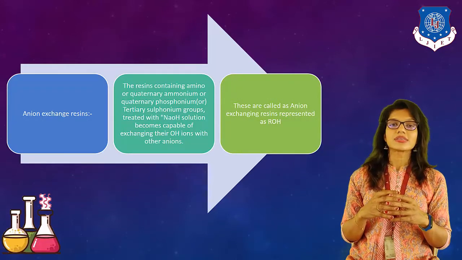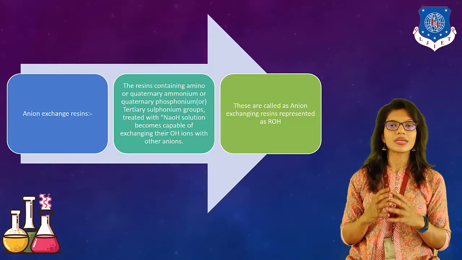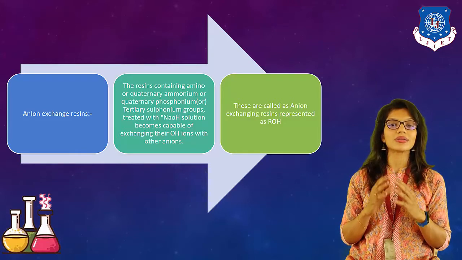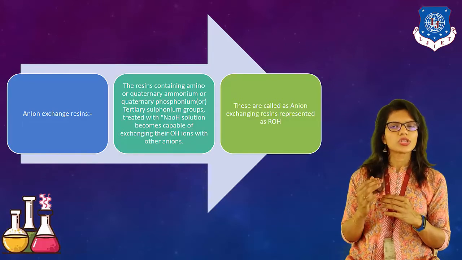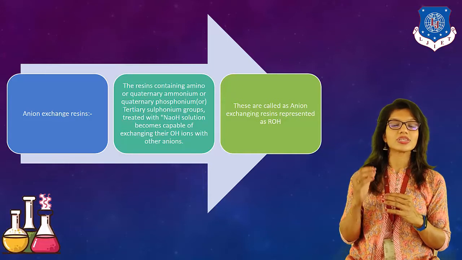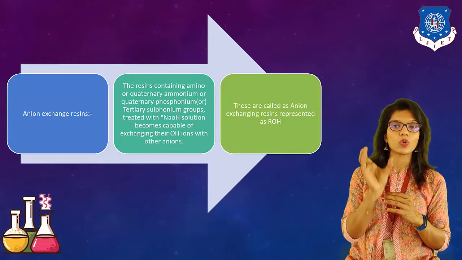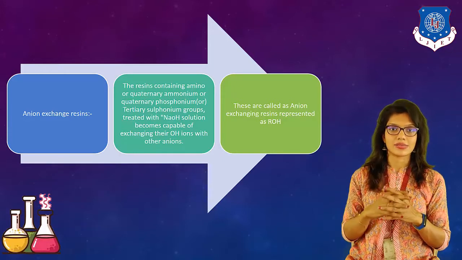Now, next is anion exchange resins. Anion exchange resins are the resins which contain amino or quaternary ammonium or phosphonium groups. When treated with NaOH solution, they become capable of exchanging their OH ions with other anions. So in general, anion exchange resins are the resins which contain OH, which they exchange with other anions.